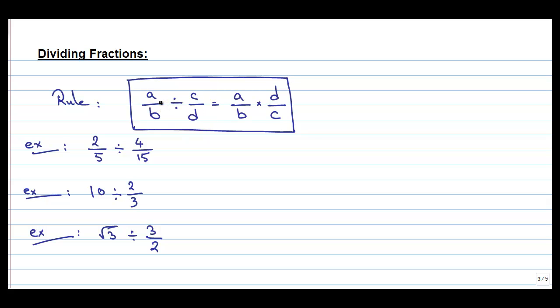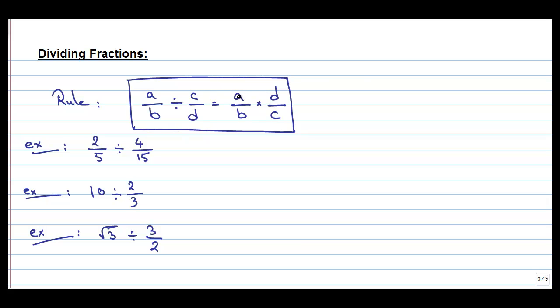If we have a over b divided by another fraction c over d, to simplify it, usually we don't deal with division. It's better to change it to multiplication. You see, I've changed this division to multiplication.